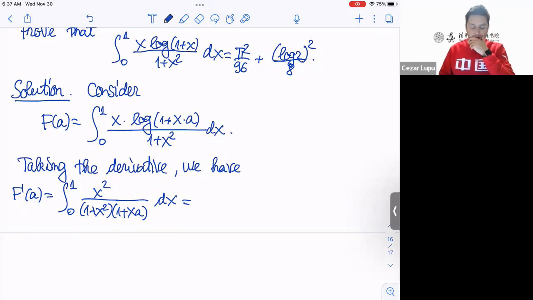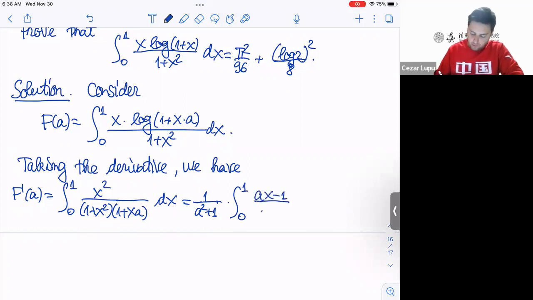Now we have to do the following trick. I'm going to take out 1 over a squared plus 1, and write this integral in the following way: ax minus 1 over 1 plus x squared, plus 1 over 1 plus xa, dx.